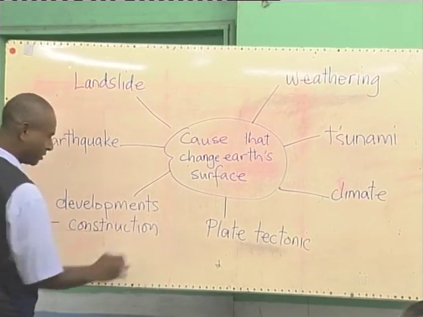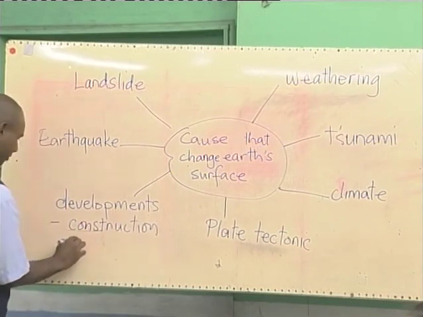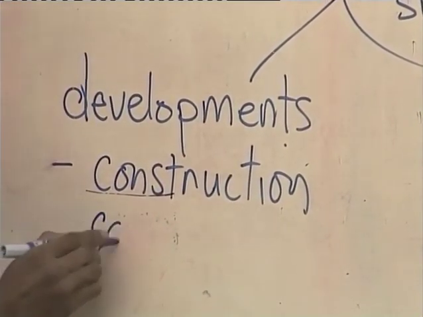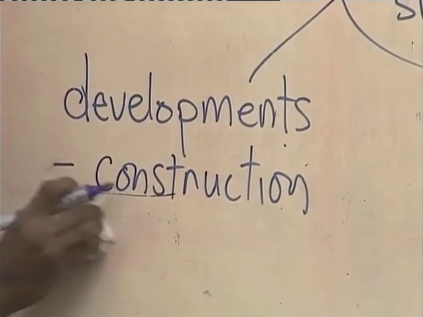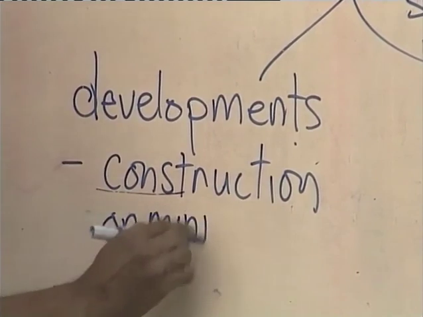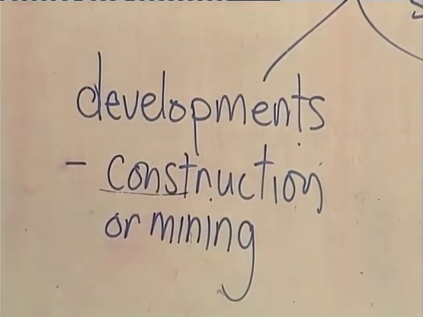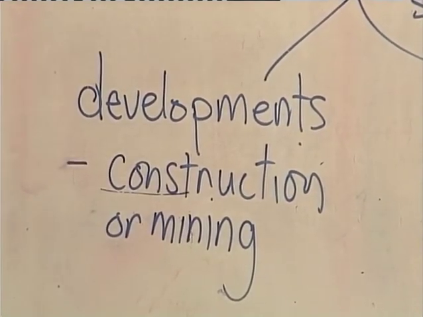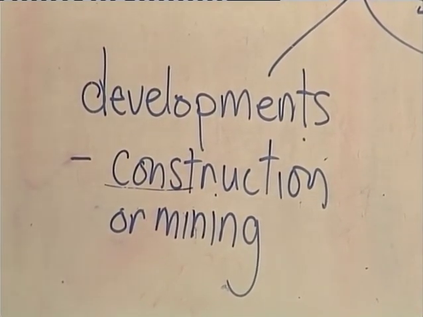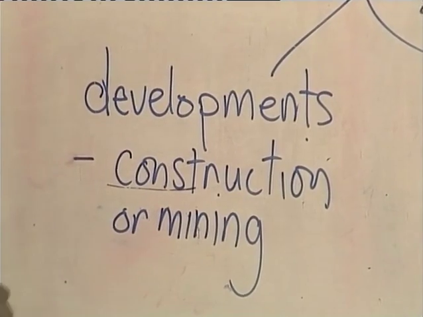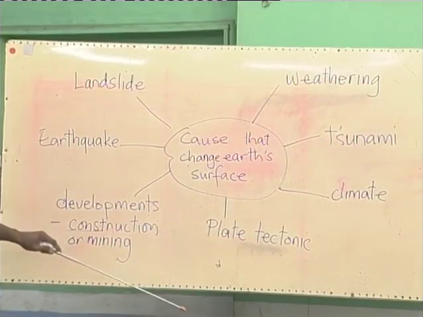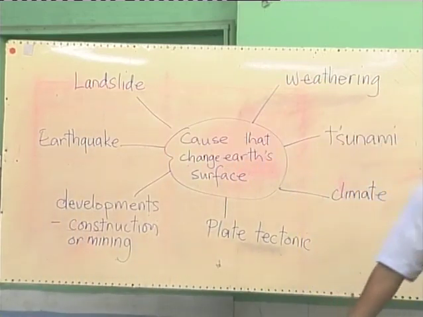Construction. All right, construction of new towns, new cities, new places, or construction of large industries that changes the land's formation or changes the surface of the land, one portion of the land.